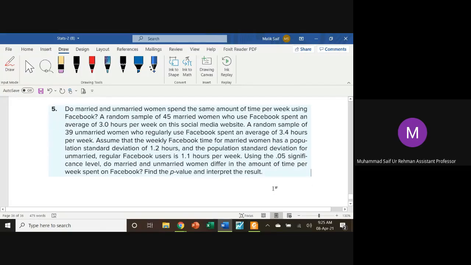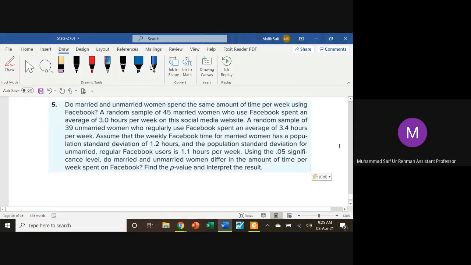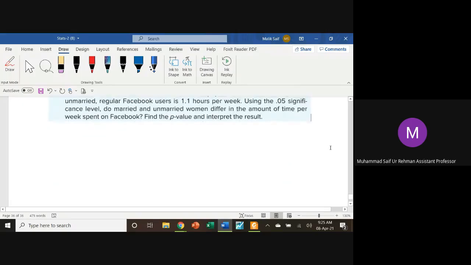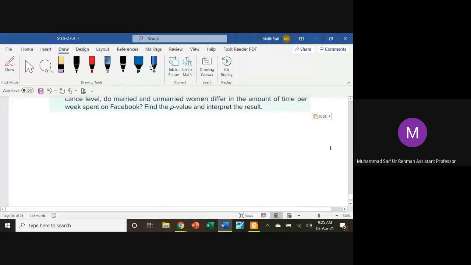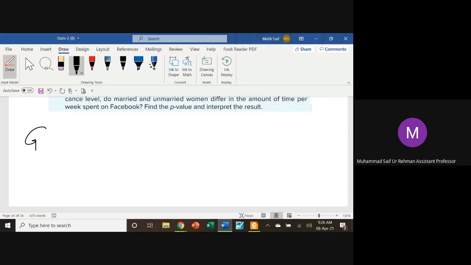So in this particular case, better would be if you first write down, before starting step 1, the given information. What is the given information?